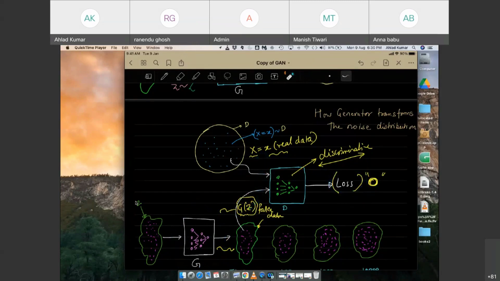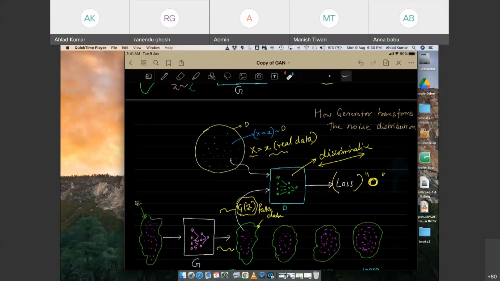But if the loss value is very high, it means that our discriminator is very smart and it can still detect that this g of z is fake data and this is real data. So our generator is not able to produce good enough samples, and that's why our loss is very high.